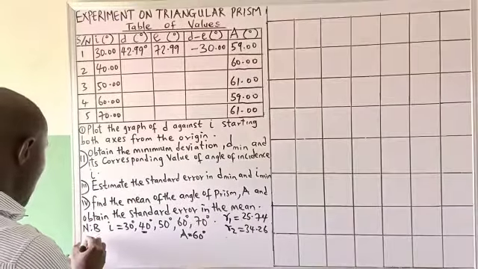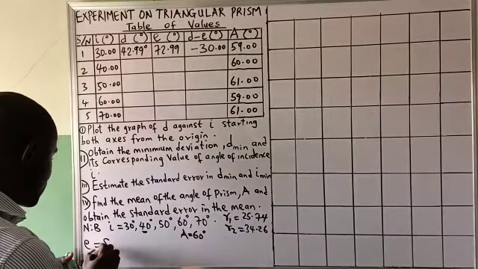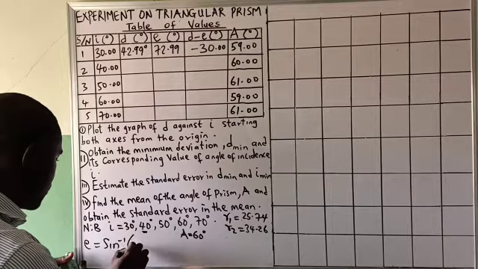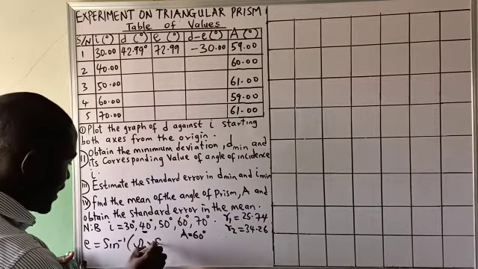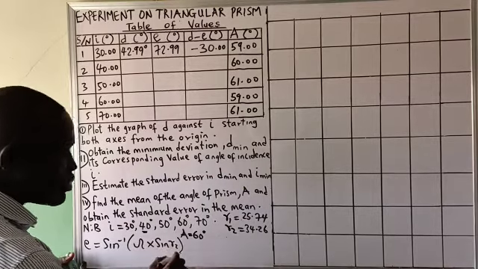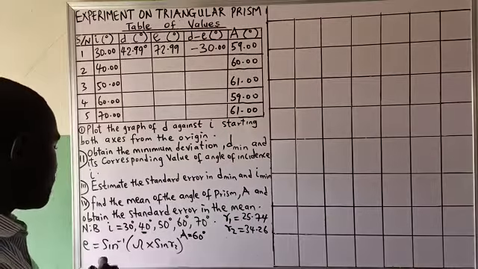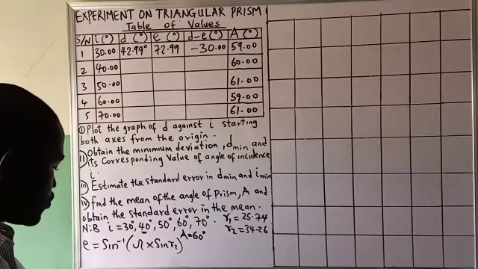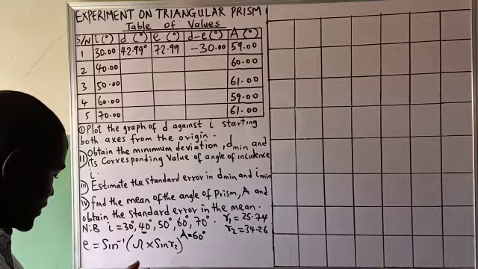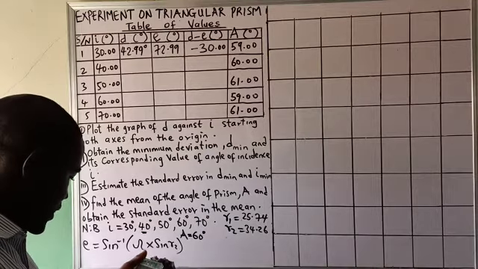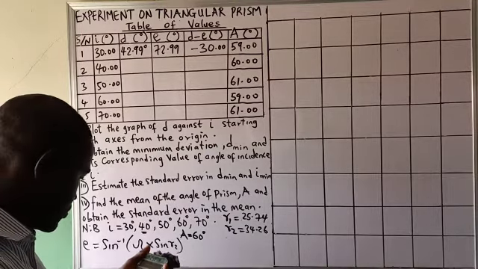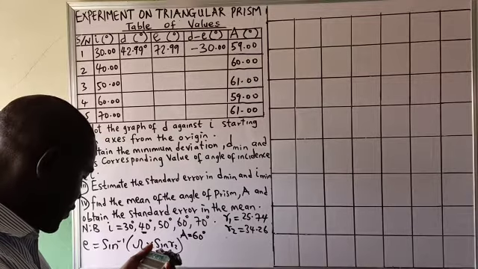We now say that our E is equal to sine inverse of refractive index times sine R2. What are we going to get?